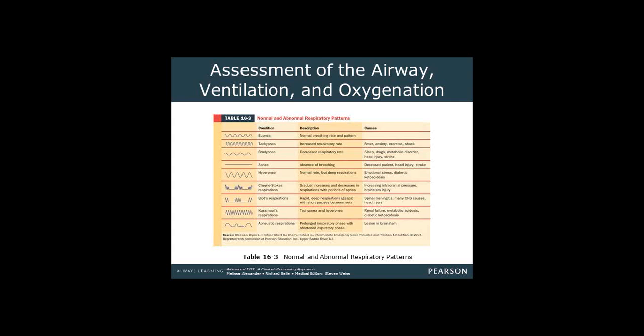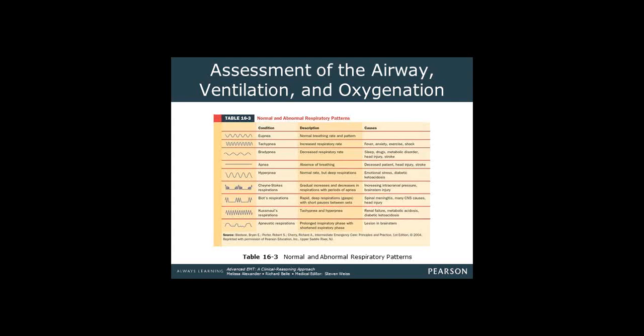Apnea, when we stick an A in front of anything, it usually means lack of, so that would be lack of breathing. Hyper, on the other side of this. People confuse hyperpnea and tachypnea. Hyperpnea is deep, but generally normal. So it's bigger than normal is hyper. Tachy is faster.